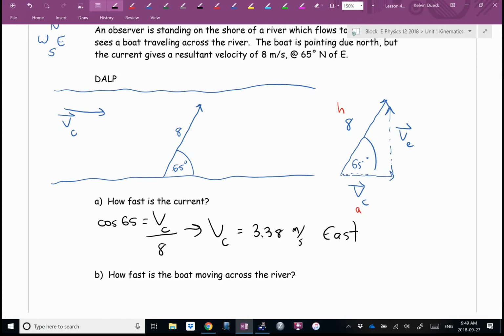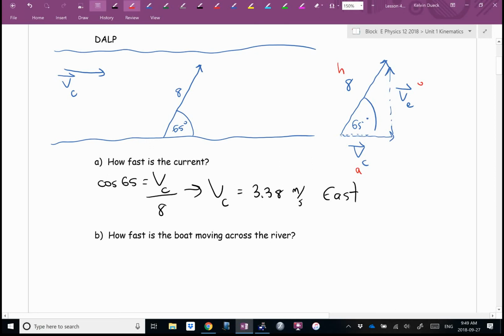Evan, what's B asking me to find? How fast the boat's moving across the river. Isn't the answer 8? Not directly across the river. What's it in my picture asking me to find? Yeah, the engine velocity. That's what's pushing it straight across. I know it's moving sideways, but in terms of crossing the river, it all depends on the engine velocity. Which trig function? Sine.